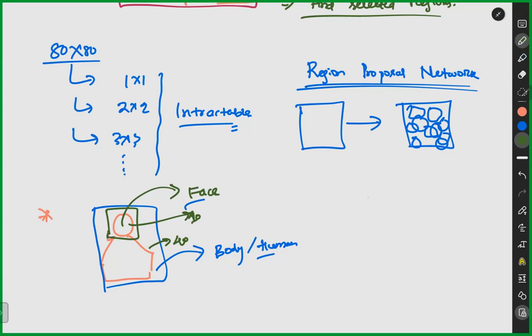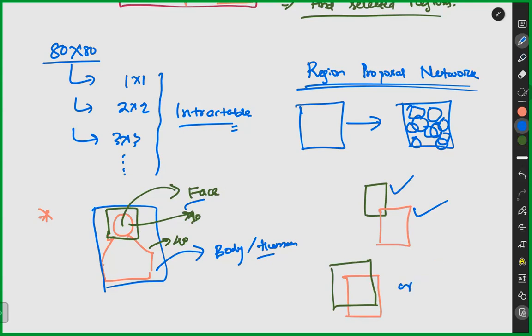If two boxes are like this, then it is ideal to consider these as two different boxes. If two boxes are like this, or this, it is safe to say that both are representing the same thing.